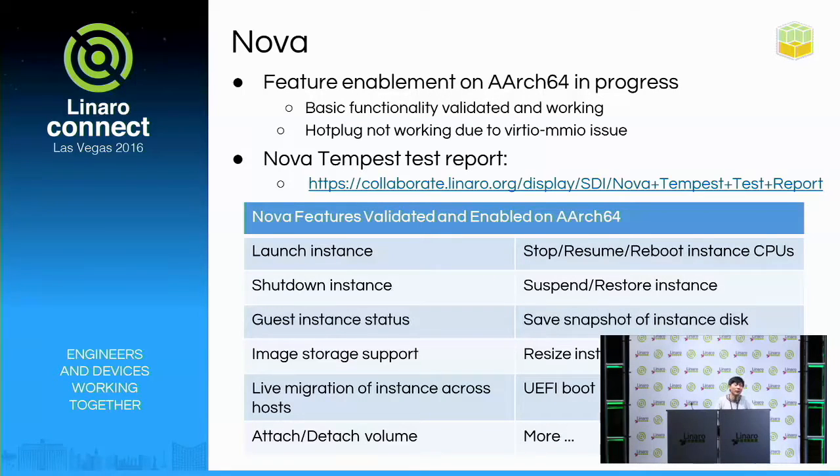One is the enablement of the main features of Nova on Aarch64. Almost all the features are enabled on Aarch64, except for some hot plug issue, which still has a small error when we attach such kind of device. Except for this, all the features are enabled on Aarch64.